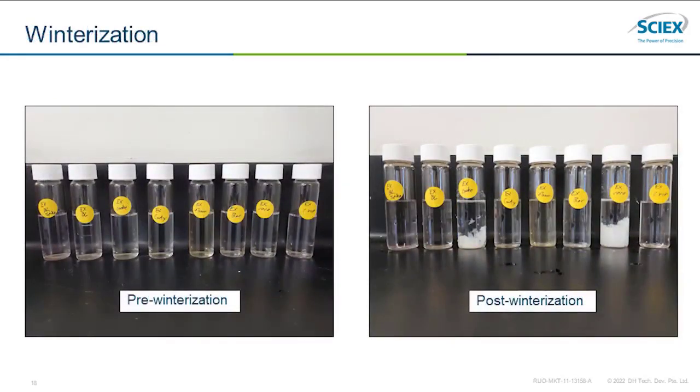Another common question I get about sample prep is why I choose to do a winterization step. And the reason being, if we look on the left-hand side, these are my extracts. So they're example extracts. You can see they're pretty clear at a 1:100 dilution.